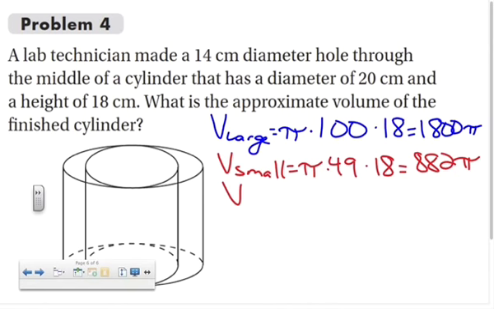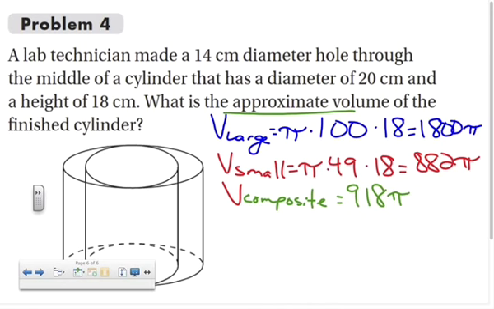So the volume of the composite figure would be 918 pi. But we good? No? How did you get that? I subtracted the 882 pi from the 1800 pi.